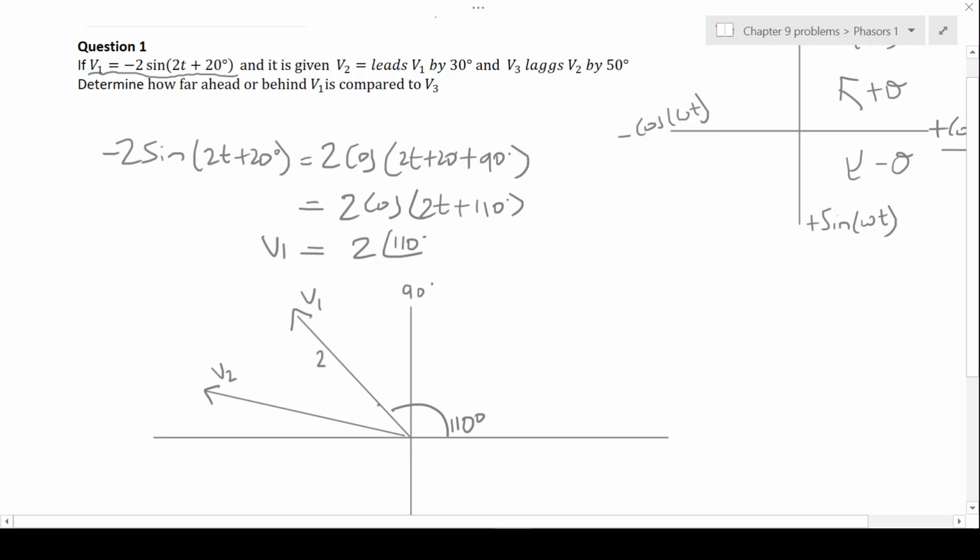So the angle there will be 30. Right, and then we are told that V3 lags V2 by 50 degrees. So V3 is 50 degrees behind V2.